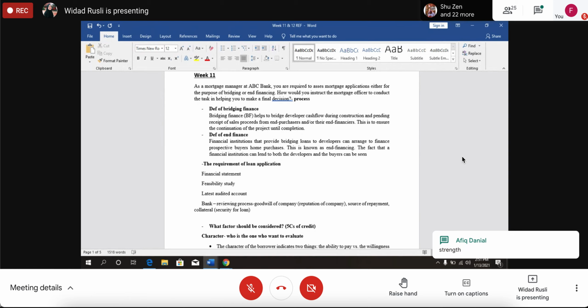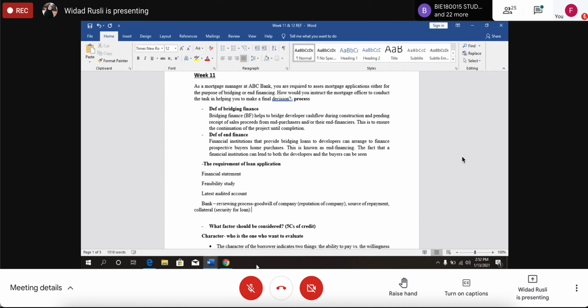So which one do you want to put under the three topics we have discussed just now? Number one, the strengths of the firm. Number two, the source of repayment. Number three, collateral. So you want to create another one? I think it's under the capital, because capital is talking about the asset itself, whether it's non-current or current asset, because it's showing the financial background of the borrower.